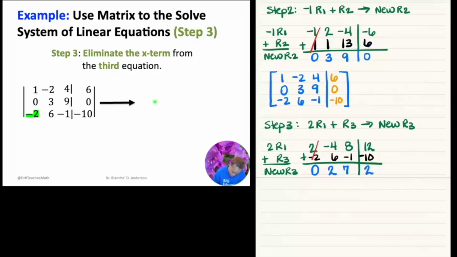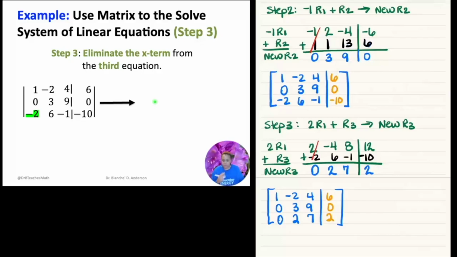Okay, so if I write my new matrix, I have 1, negative 2, 4, 6, 0, 3, 9, 0, and 0, 2, 7, and then 2.